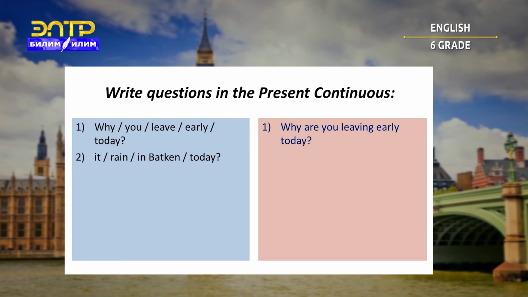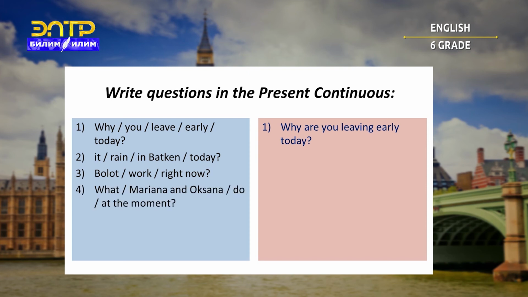It rained in Batken today. Number 3. Bolot work right now. Number 4. What Mariana and Oksana do at the moment. Number 5. Where she go now?